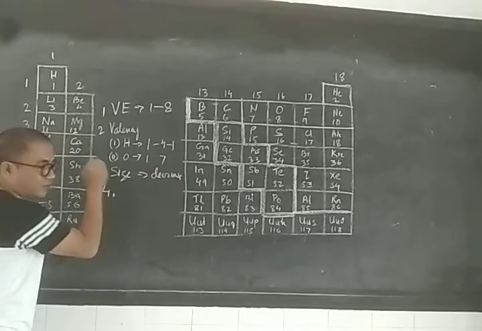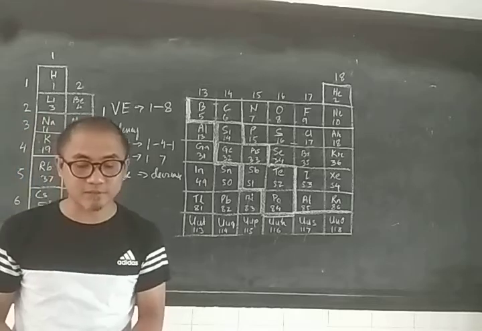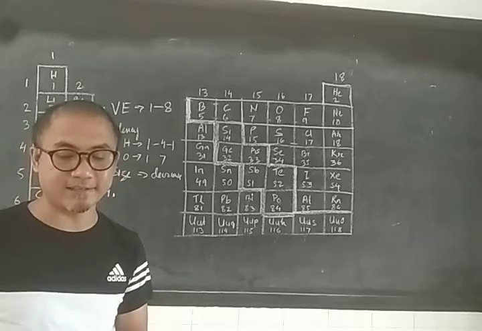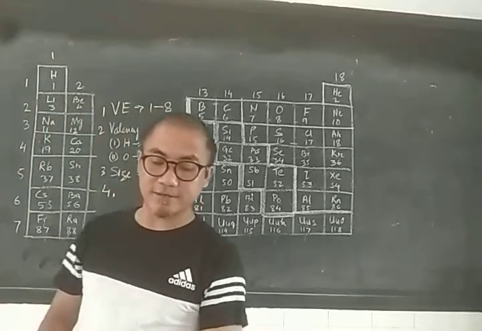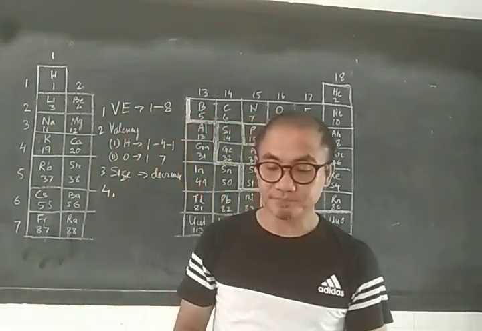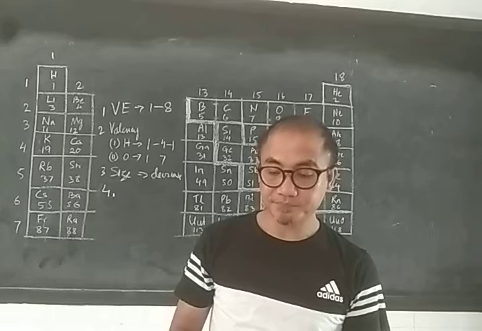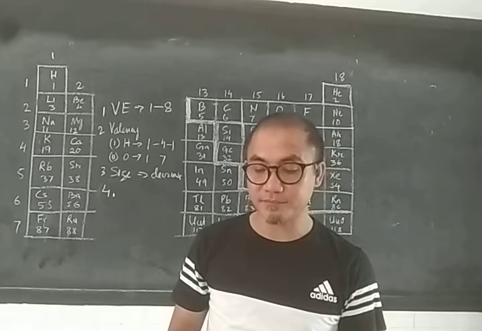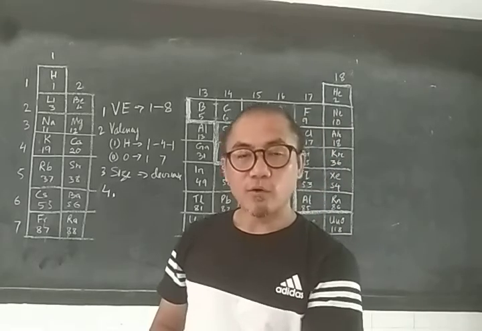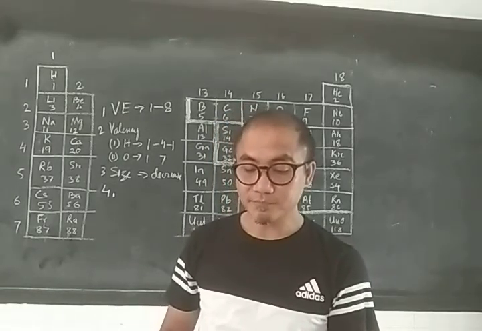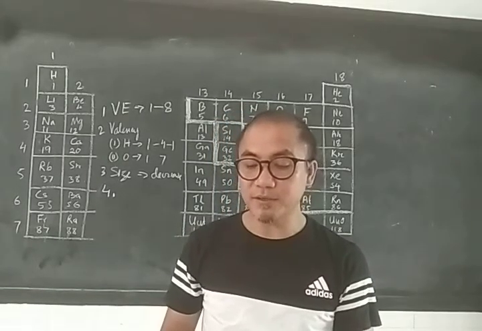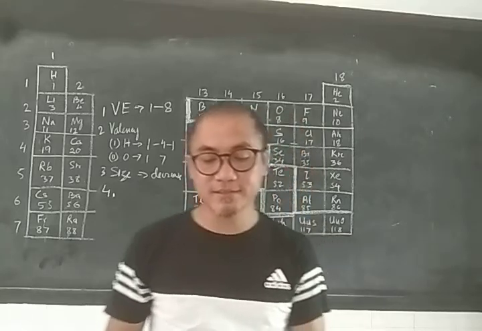Then number 4: what happens to the metallic character of an element? On moving from left to right in a given period, the metallic character decreases gradually.